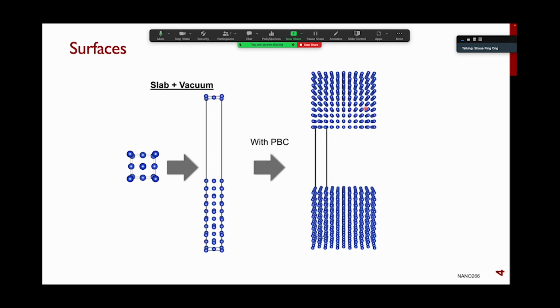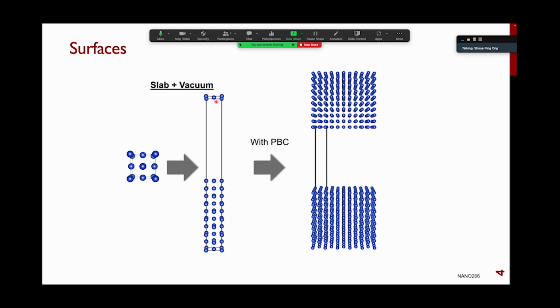So this is basically how you go about creating a surface, right? Let's say you take this FCC copper crystal, and you want to simulate the 100 surface of copper, in other words, this surface termination, this cube surface right here. What you would do is create a supercell that is long in one single direction. You take this cell and replicate it in one direction until you get this very, very long cell.